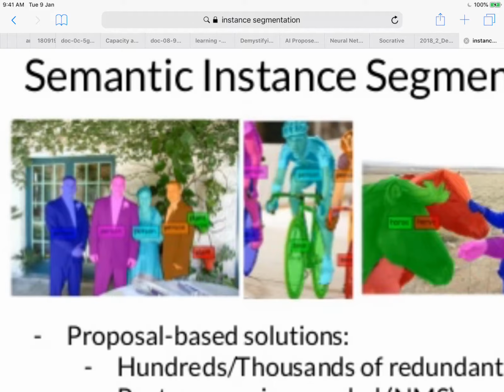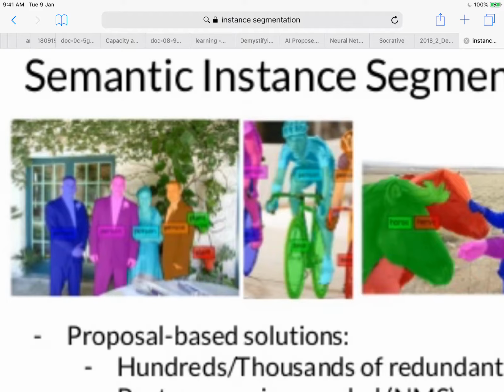So this is a much more difficult problem compared to just image-level classification. When given a particular image, whether this image is a dog or a cat or a person, that is just done at an image level. We don't need to indicate where exactly that particular object is located in our image.